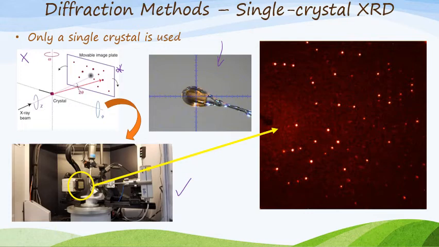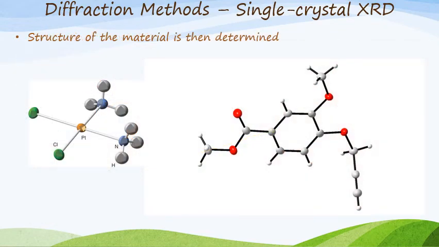This is called a single crystal X-ray diffraction pattern, and from this diffraction pattern we can use complex mathematical algorithms to determine the structure of the material. On the left-hand side, you can see cisplatin, which is a material that is used for treating cancer, and on the right-hand side is an arbitrary organic molecule that we can determine the structure of.